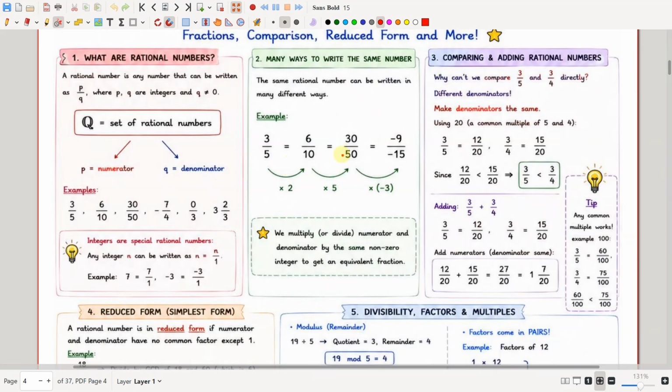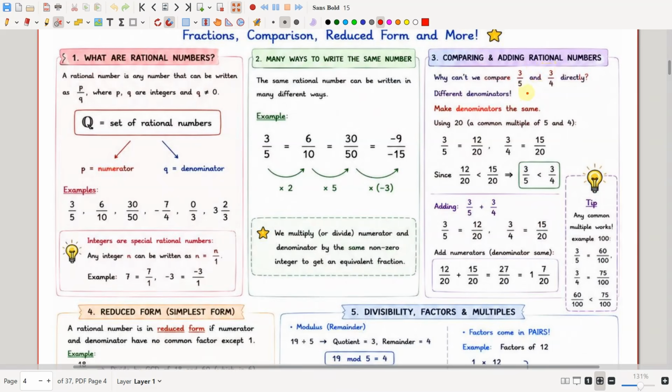So we multiply or divide numerator and denominator by the same non-zero integer to get an equivalent fraction. First we have to study how do we compare and add rational numbers.